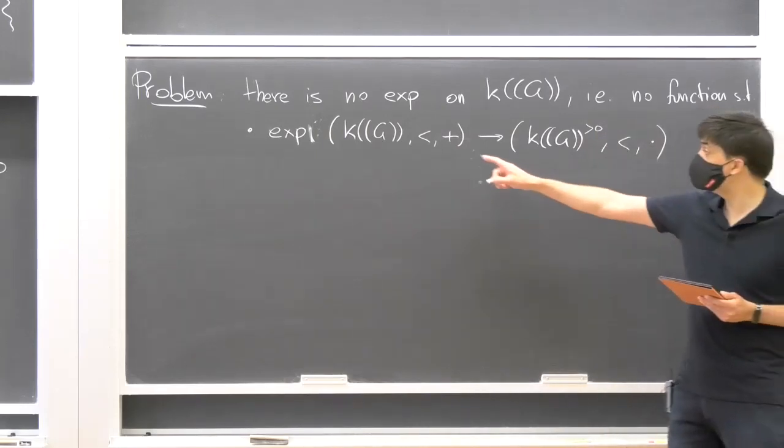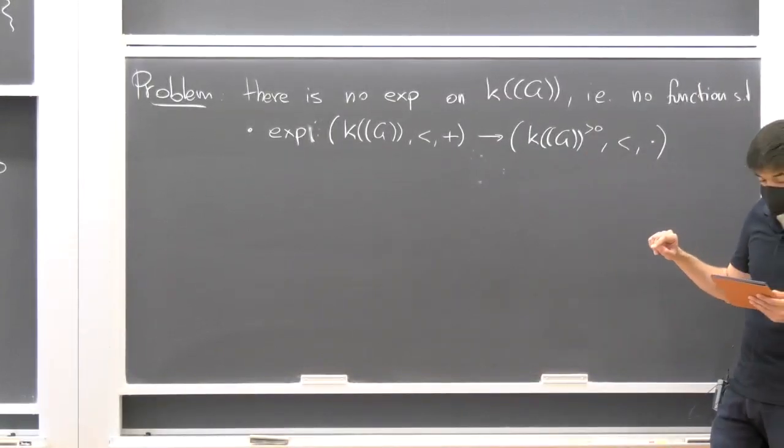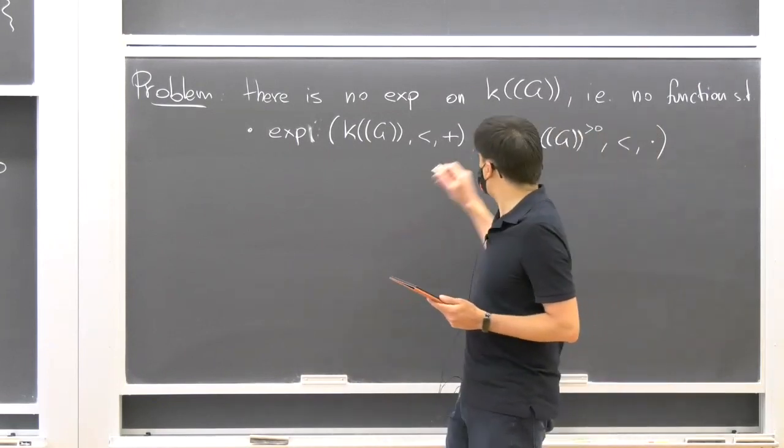Okay, so from the additive group to the positive part of the multiplicative group, an isomorphism.